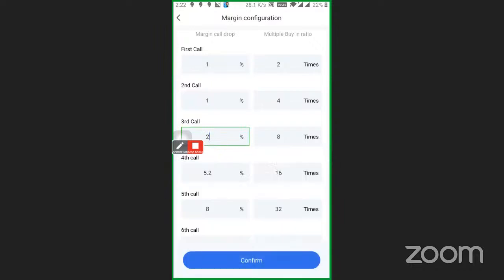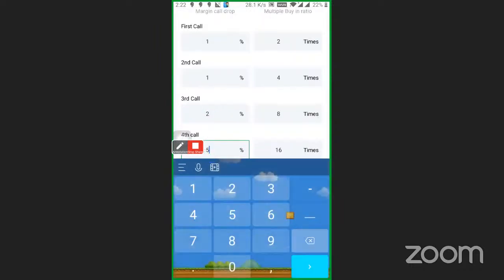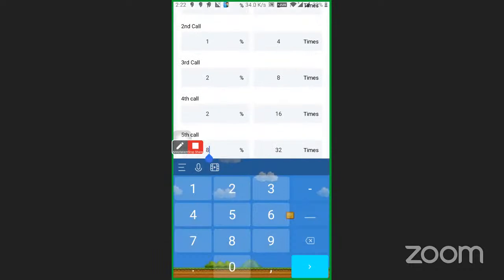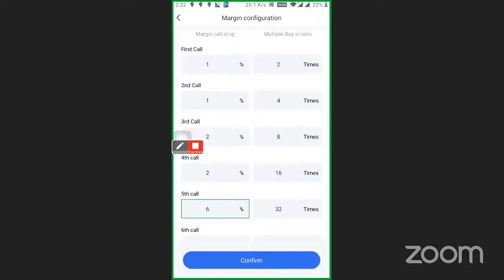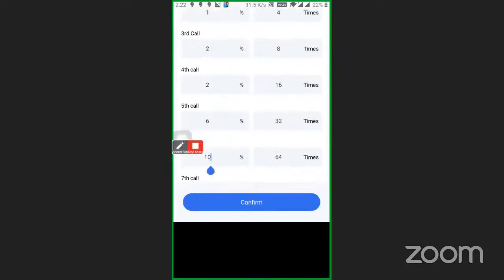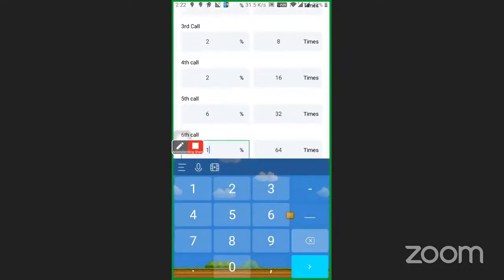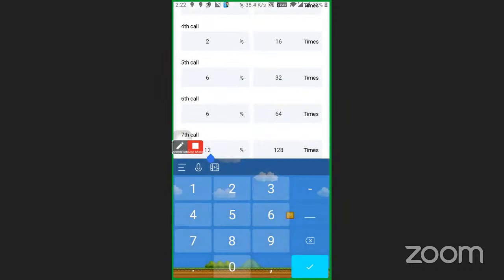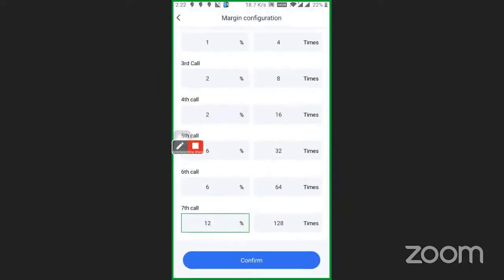Fourth call again 2%. First two are 1%, second two are 2%. Then I can increase it a little bit to 5% and then 6%, and then I can increase it to maybe 12%. I can leave it like this, 12%, or maybe you can reduce it to 10%, right?